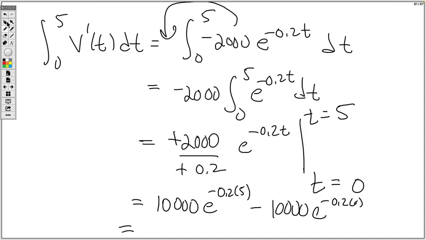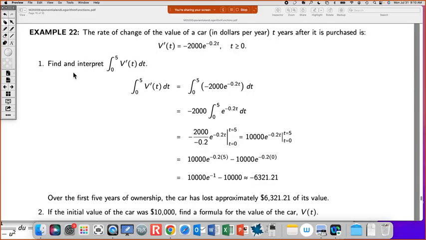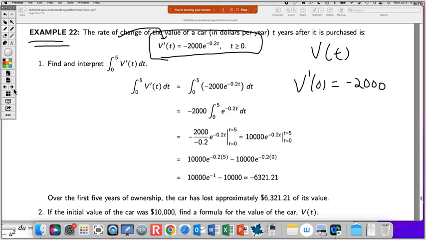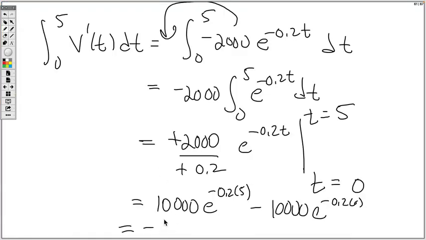And then go through, what's that calculate out to be? Negative 6,321.21. So that's the value of that integral, minus 6,321.21.